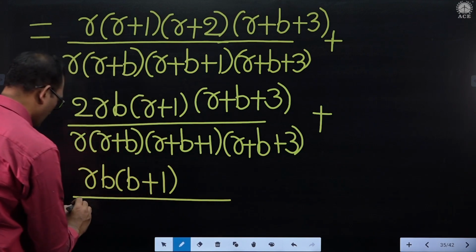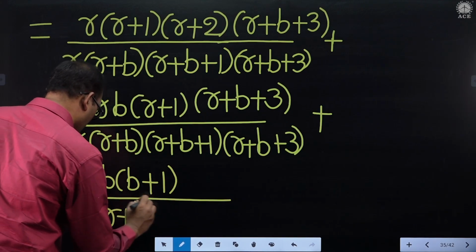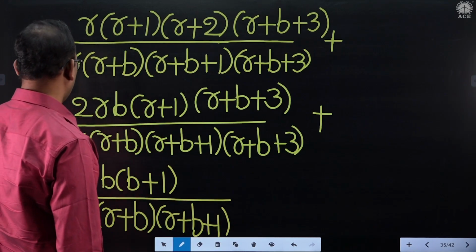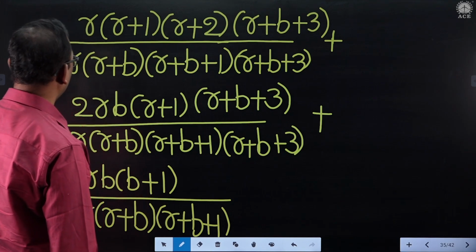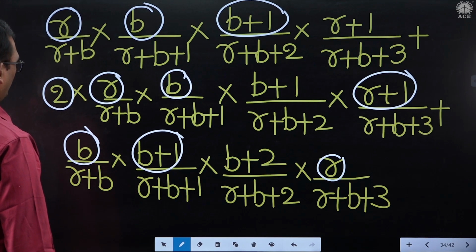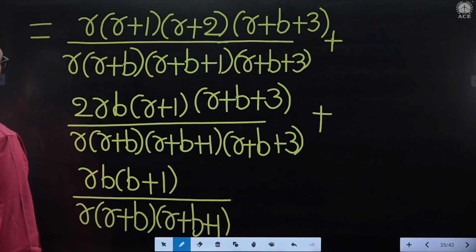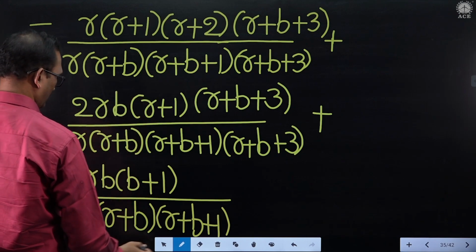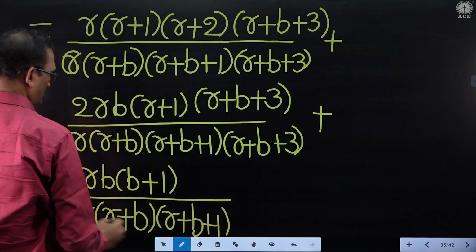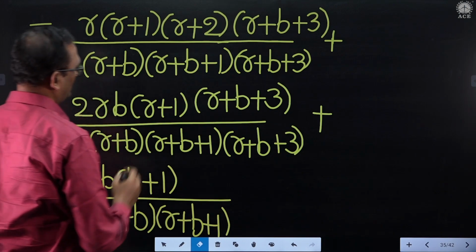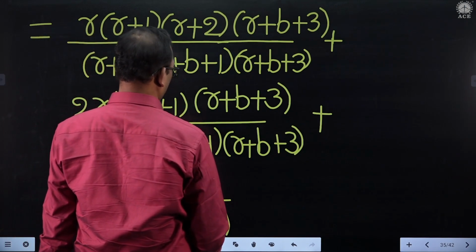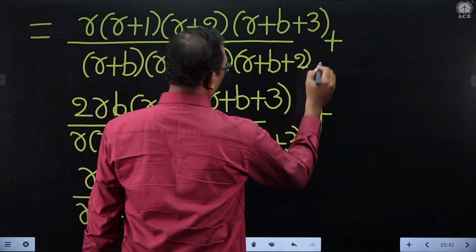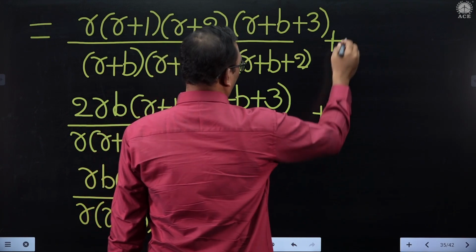Denominator as it is in all the terms, r into r plus b into r plus b plus 1 into r plus b plus 2 into r plus b plus 3.